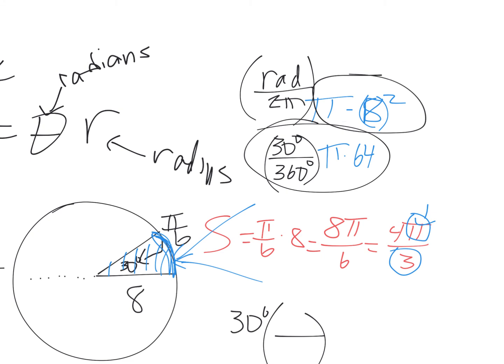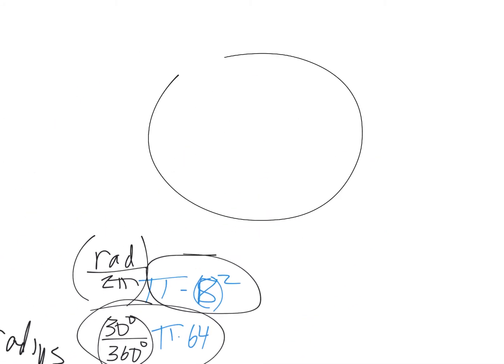All right, I'm going to show you one last one like that. You got a circle? You got that, and let's say it looks to me like that's about a 45-degree angle, so I'm going to say it is. Then that's 1/4 of the way to pi over here. That angle would be pi over 4. Let's say the radius is 8. Would you please figure out for me how long that arc length is?